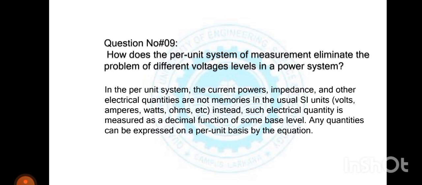Question number 9. How does the per unit system of measurement eliminate the problem of different voltage levels in a power system?